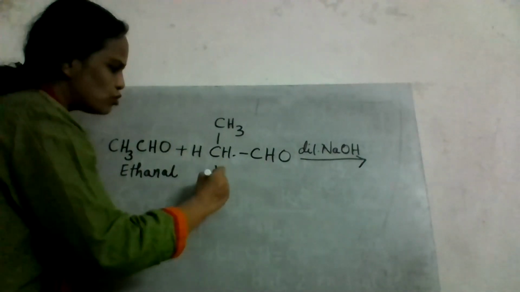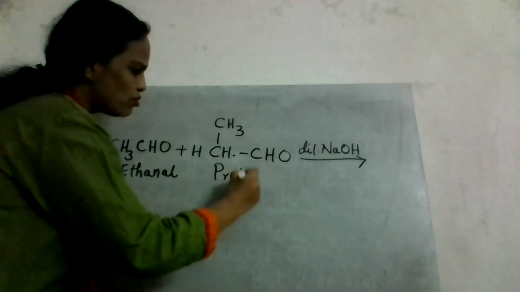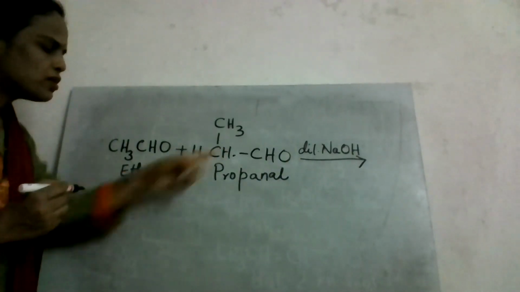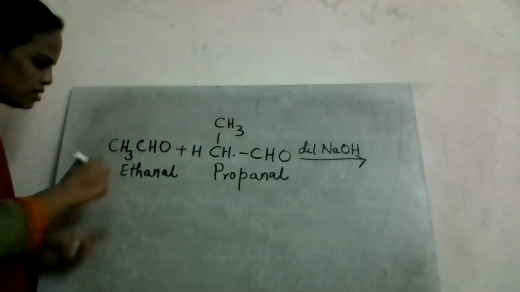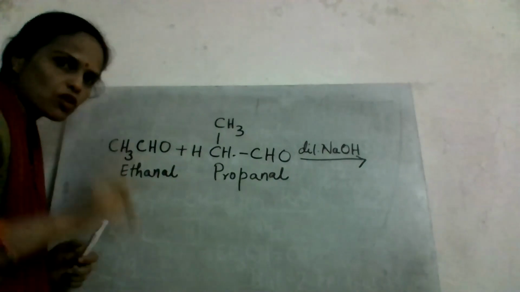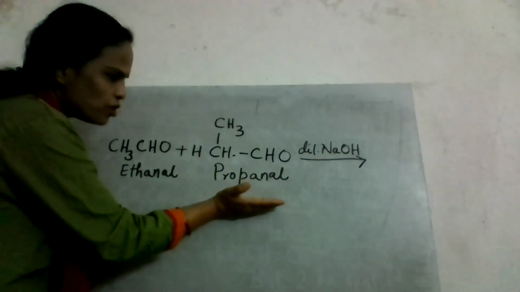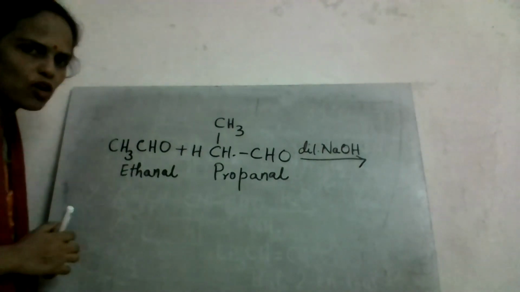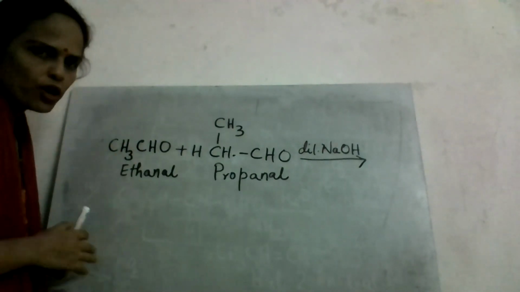Two same molecules of propanol, if they react with one another, result in self-aldol products. One molecule of ethanol and another molecule of propanol will give cross-aldol products, and one molecule of propanol and ethanol will again give cross-aldol products. So four different products are formed.